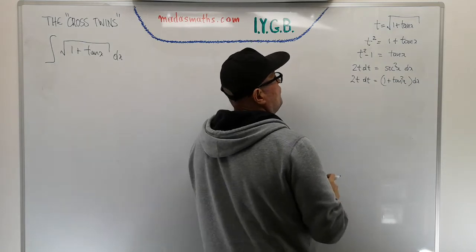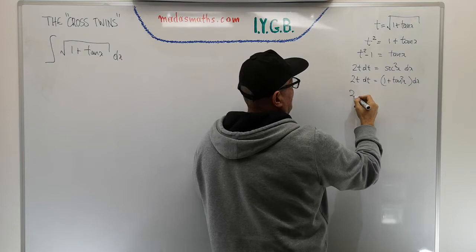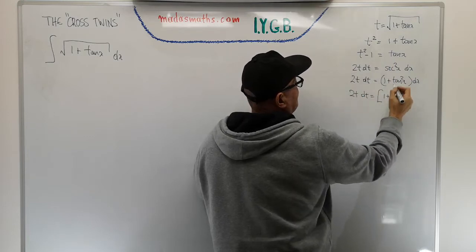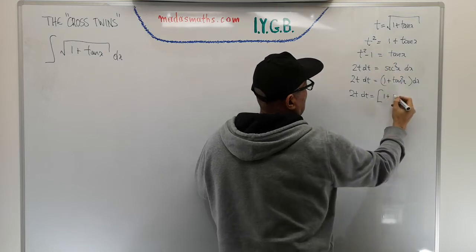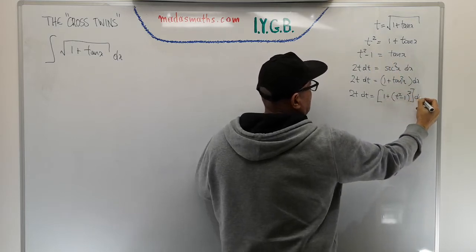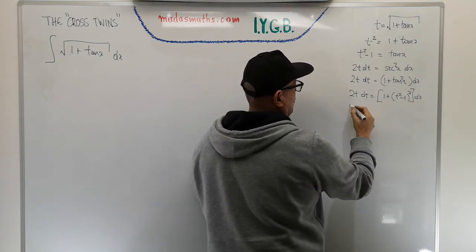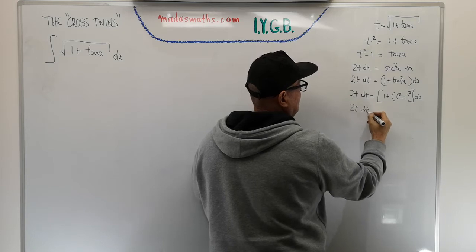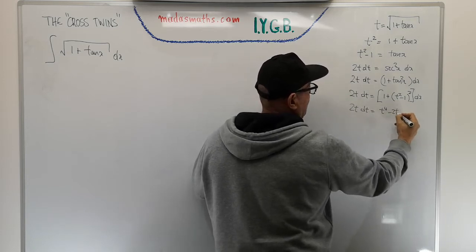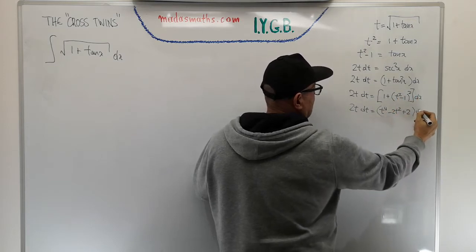But then if you look at what tan x is up here, actually, I can write this as 2t dt is equal to 1 plus the tan, which is all of this, t squared minus 1, all squared, dx, and probably I will simplify before I put it across. So 2t dt is equal to t to the 4 minus 2t squared plus 1 plus 2, bracket, dx.